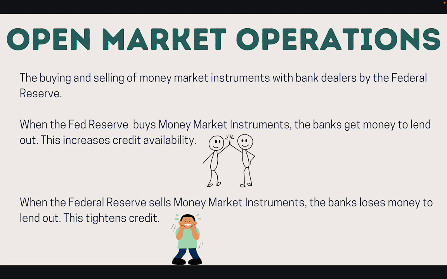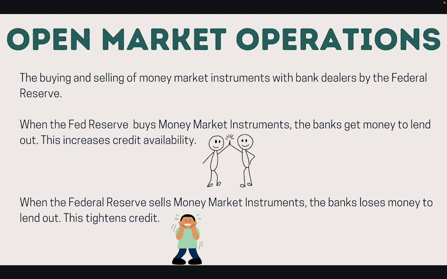So let's think logically, if the Federal Reserve buys a money market instrument from a bank, they are giving that bank more cash, right? More money. When the bank has more money, it has more money to lend out because there are rules as to how much of a bank's money they can lend out and how much they have to hold on to.